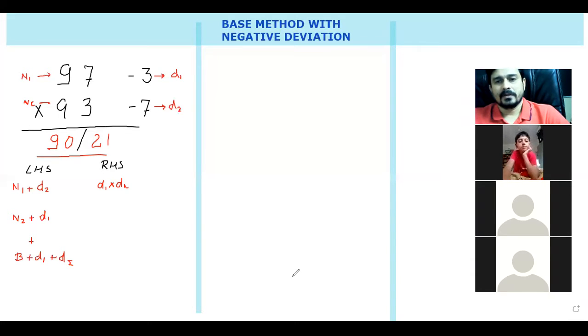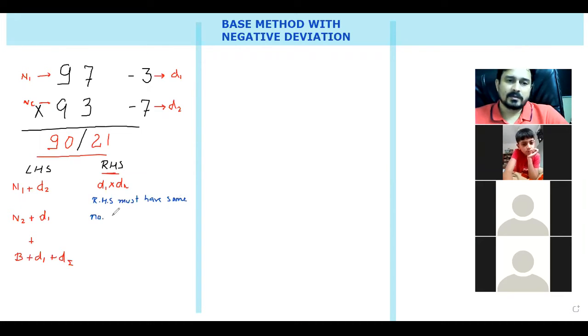RHS has the same rule which was there for positive deviation, that is RHS must have the same number of digits as there are zeros in the base.